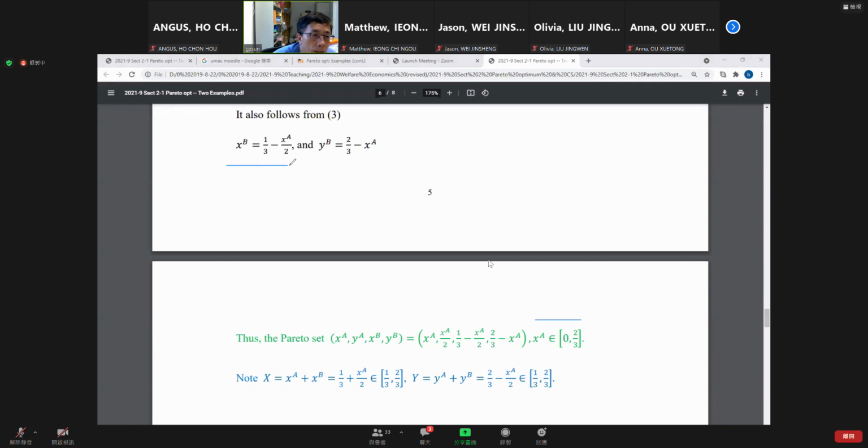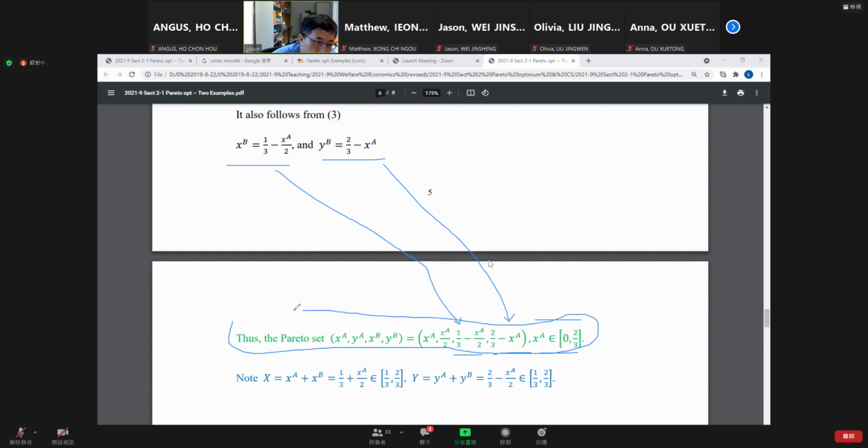So this is XB, this is XB. Just put them together. This is YB, this is YB, put them together. So therefore, for any XA, this is the solution for XB and YB. So altogether, this is the Pareto optimal solution for such economy at the so-called top level.